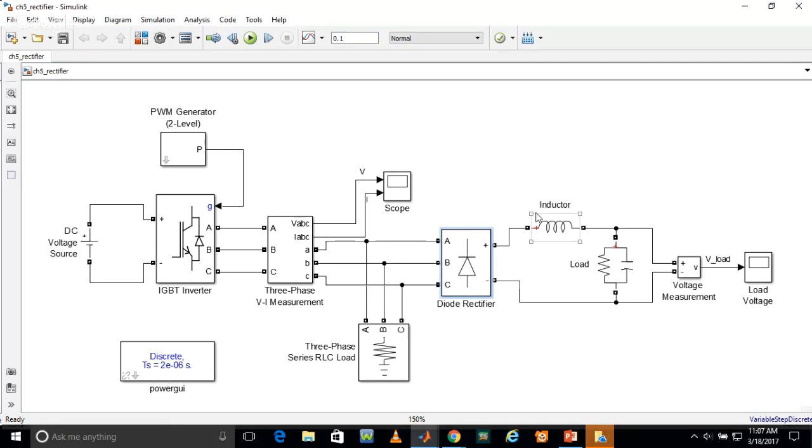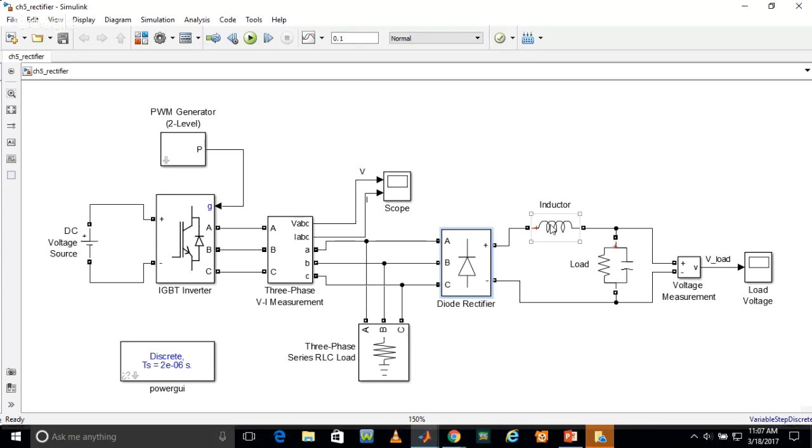this LC, this inductor and this load will be providing a filter. It will reduce the ripples present in our signals, because as you already know, all the rectifiers present in our system give you a ripple output, not pure DC, right?